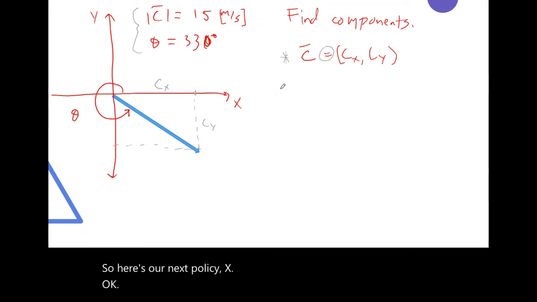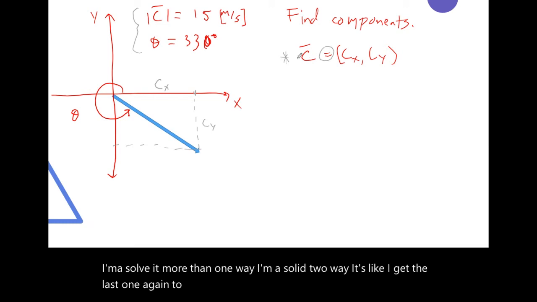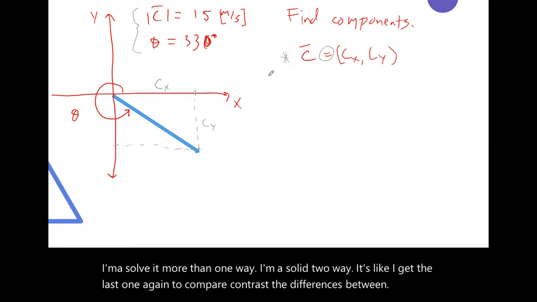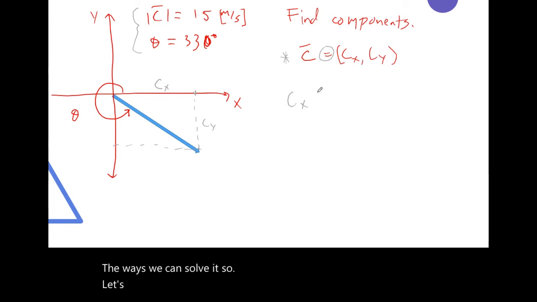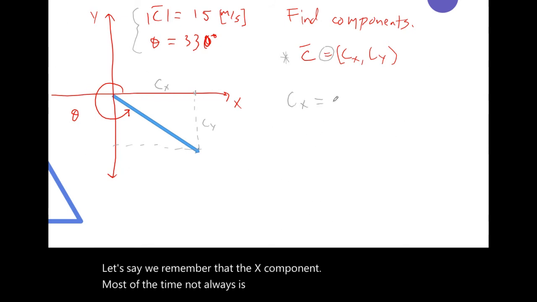I'm going to solve it more than one way. I'm going to solve it 2 ways like I did the last one, again to compare and contrast the differences between the ways we can solve it. So let's say, we remember that the x component, most of the time, not always, is associated with cosine.